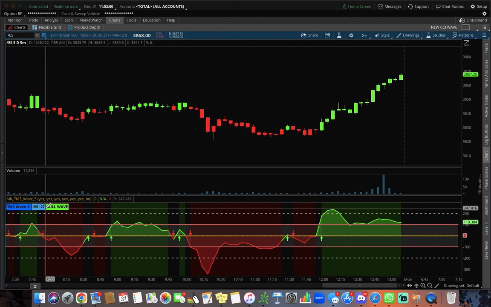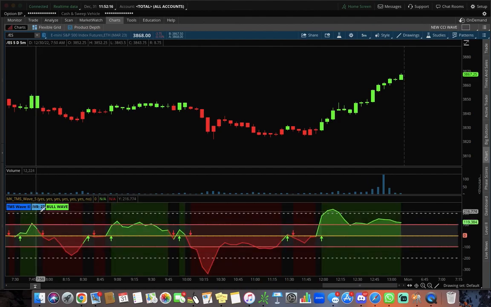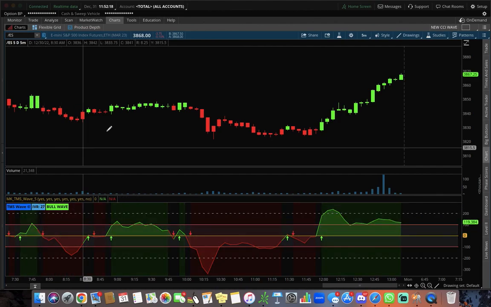High volatility, you may think about selling premium as an example, like selling credit spreads or selling a put or selling a call, etc.